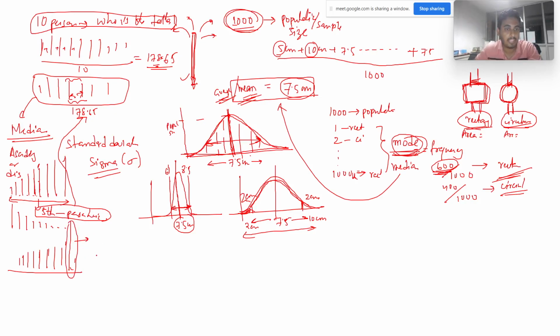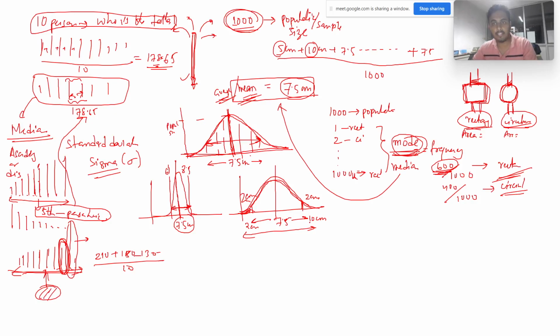So this 7 feet is 210, and the rest are 150, 130, like that, and when you divide by 10, you will get a mean value closer to this side. That's why median is an ideal technique, where you arrange all of them and then figure out who is in the middle.